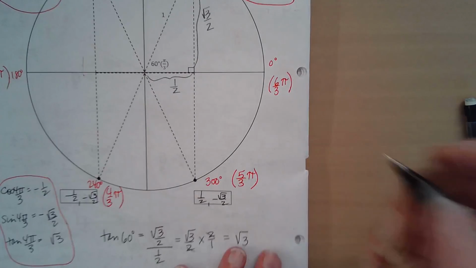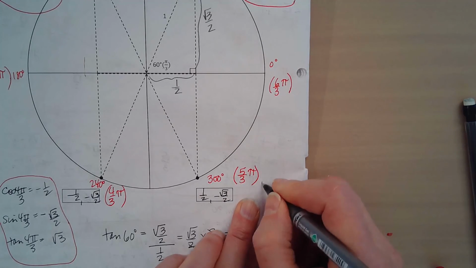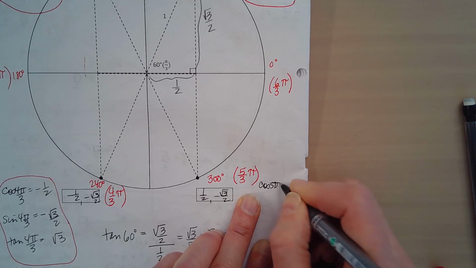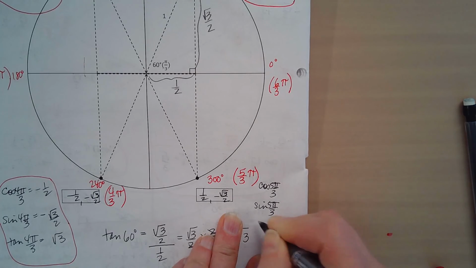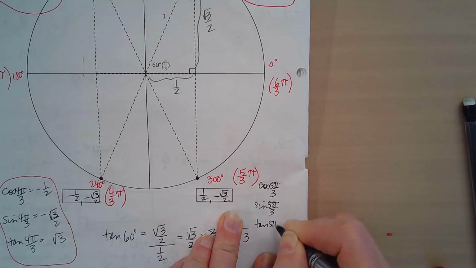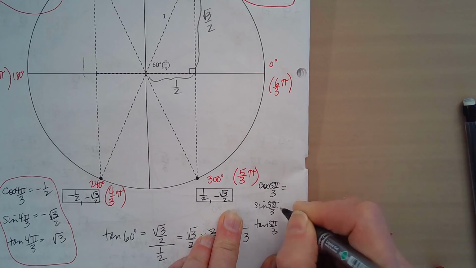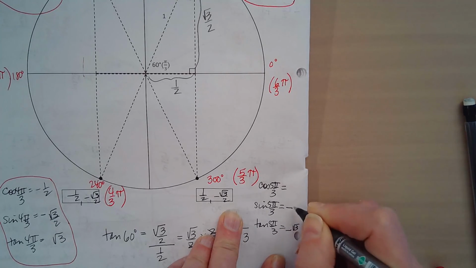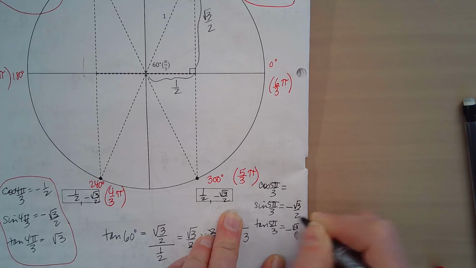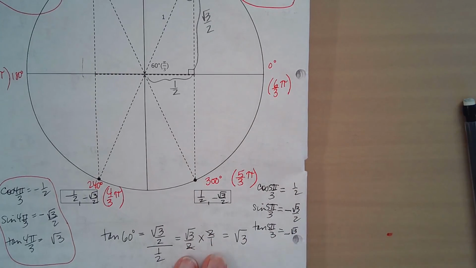And then the last one is cos of 5 pi on 3. Sine and tan are both negative, and only cos is positive. Okay?